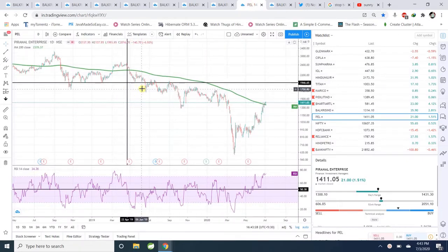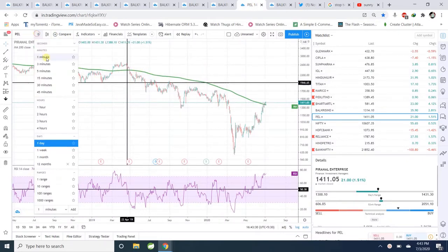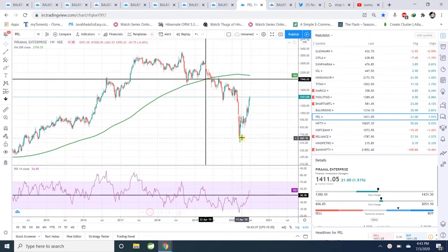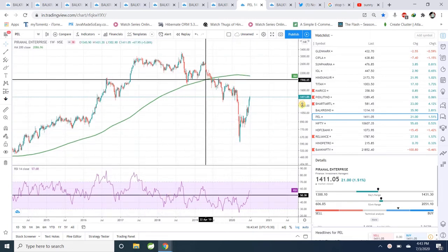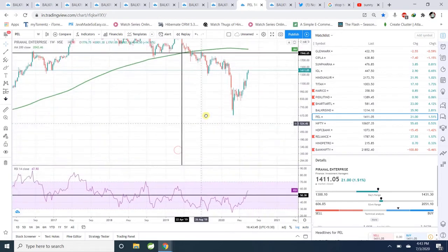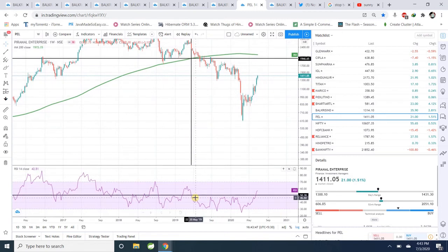Let me go to the weekly chart first. Suppose you want to do a long-term investment, so you have to look at the weekly charts. The important point is that for the buying side, the RSI should be above 50.